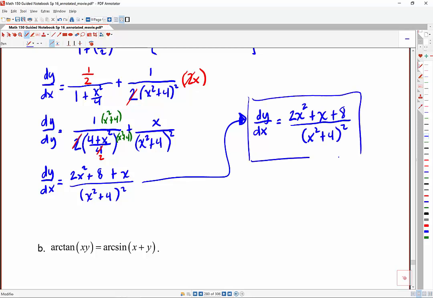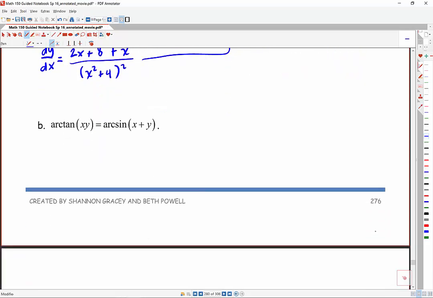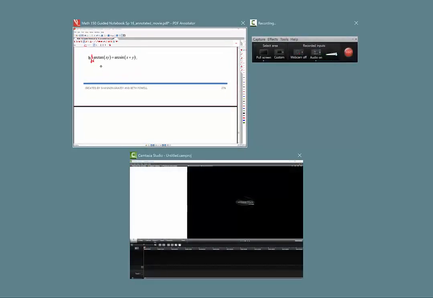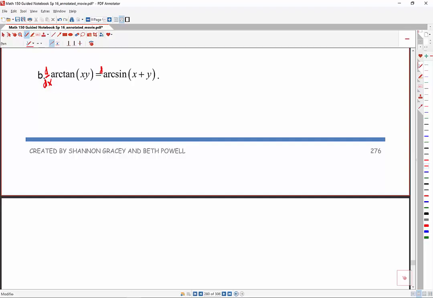Good so far? Awesome. All right, so this next guy, what do we have to do here? When we differentiate both sides with respect to x, we're going to have something that some parts of it will need to be differentiated implicitly, right? So here we go. We're going to have the derivative with respect to x of that product xy, because that's the inside of our arctangent function.